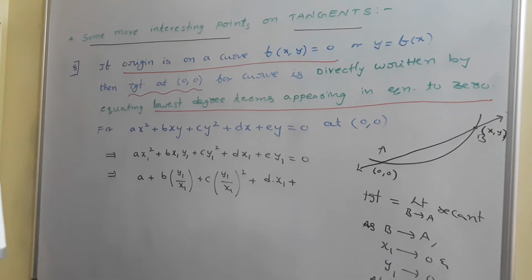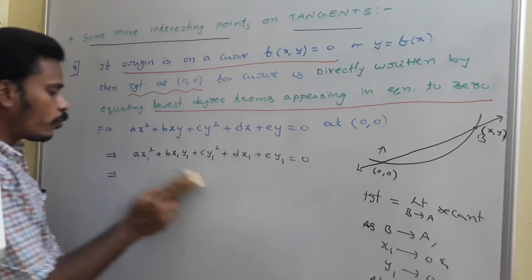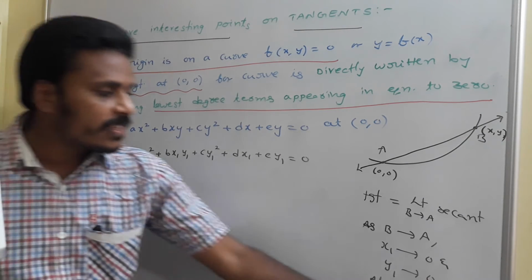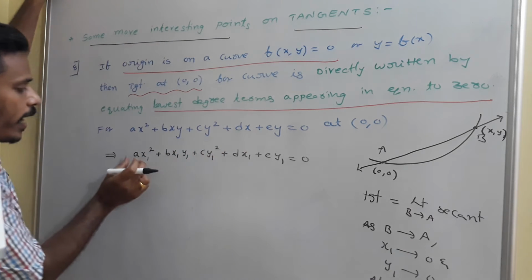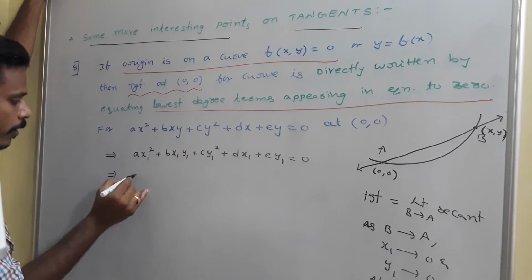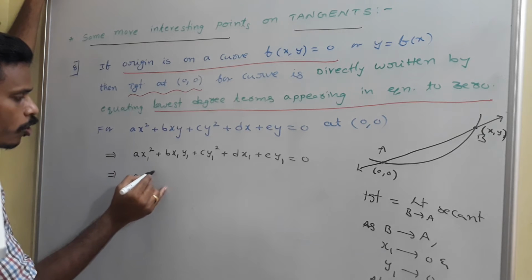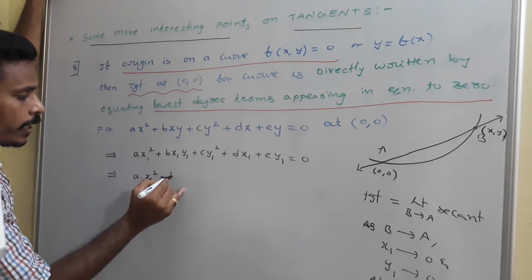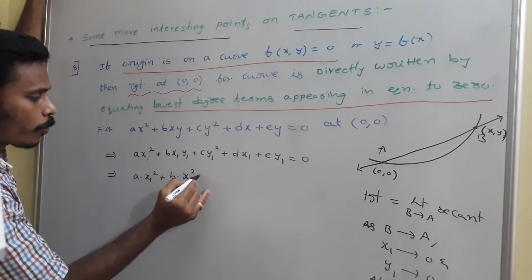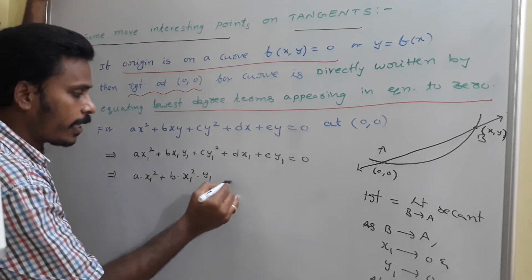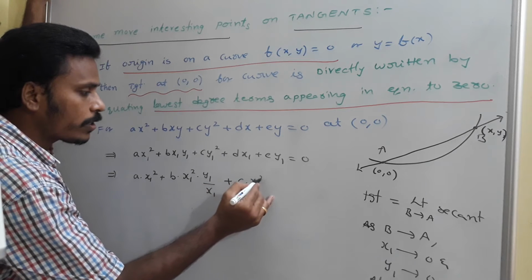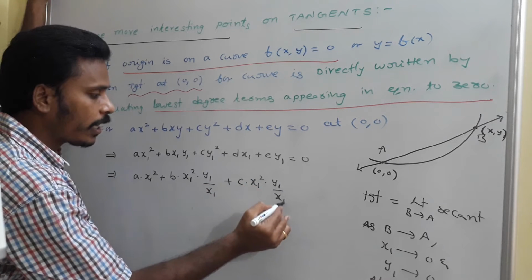Since I need to get the involvement of this m, x1 and y1, I will try to write y1 by x1 each and every time. a into, here y1 is not involved, x1 square. Here b into x1 square into y1 by x1 I will write. Is there anything wrong? Right. Plus c into x1 square into y1 by x1 square.